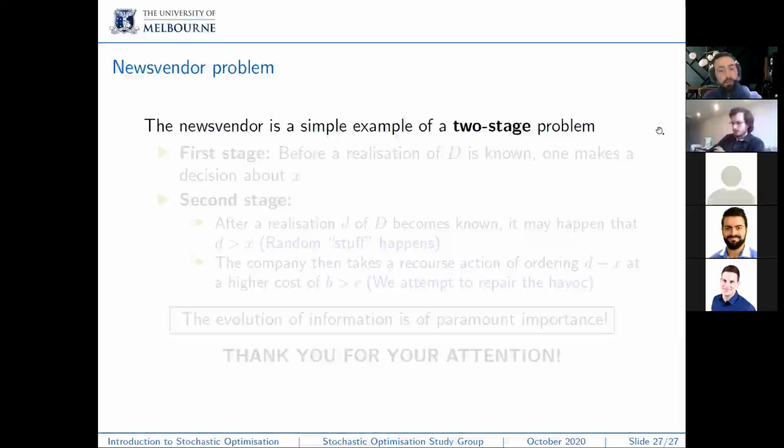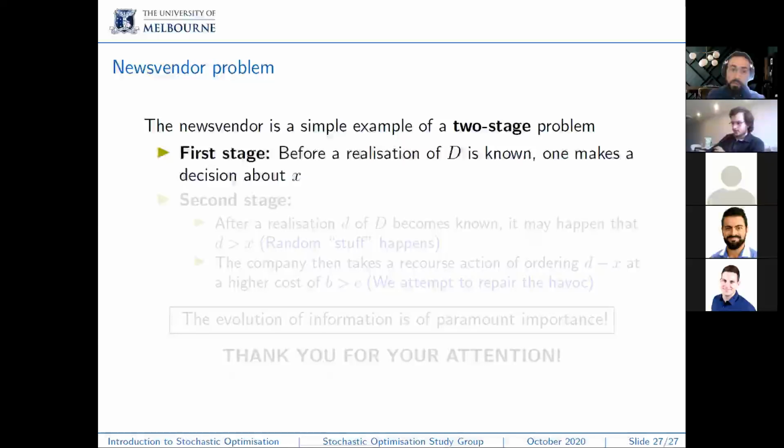And now, to finish the talk, I want to mention that this newsvendor problem is a simple example of a two-stage problem. So the first stage is you make a decision before actually knowing what the demand is. And that decision is how many newspapers you buy, for instance.